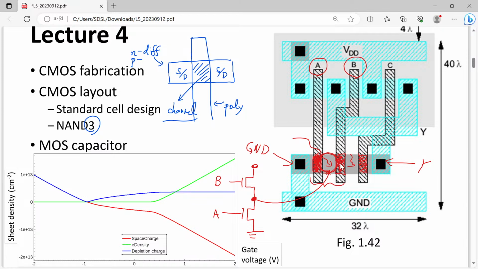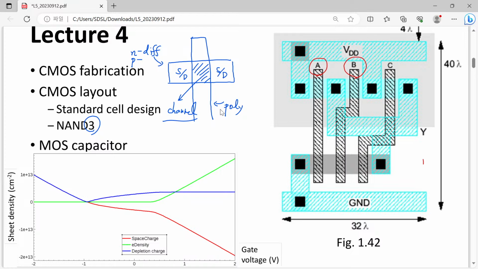Similarly, you can find B and C are serially connected too. That's the reason why we have three serially connected transistors in the pull down circuitry. The same argument can be applied to the upper part, and the upper part was more interesting. Here you can see the parallelly connected transistors. So please review your previous lecture.